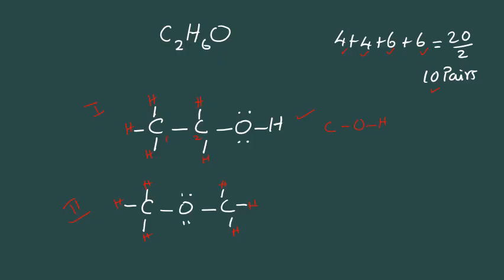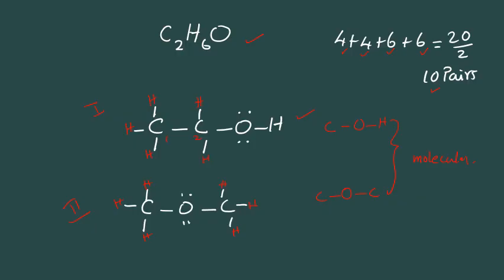In this case, oxygen is bonded to 2 other carbon atoms. So the structure is different, the atoms it is bonded to are also different. So these two are different molecules with different properties, right? Different structural formula, but the same molecular formula, correct?